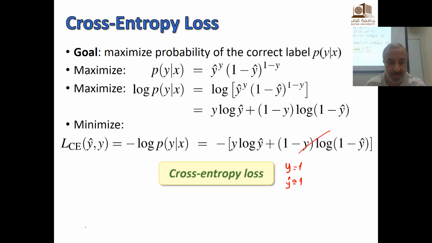Let's try when y hat is 0. What should be the loss in this case? It doesn't have to be 1, but it should be a very high loss, right?